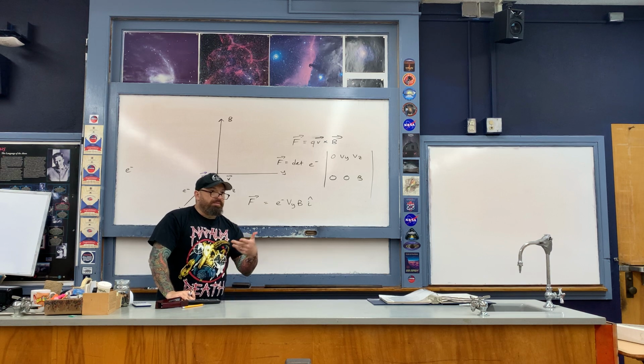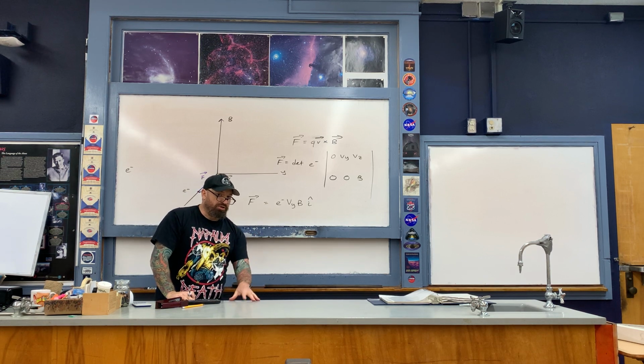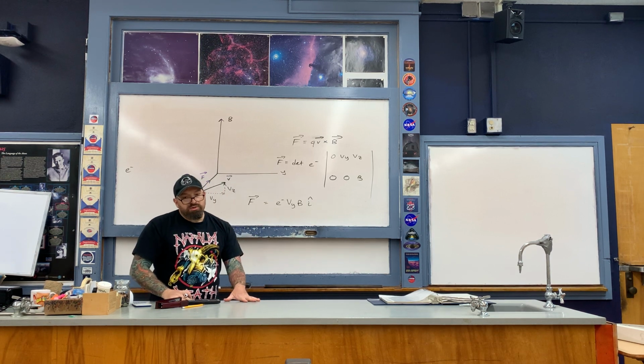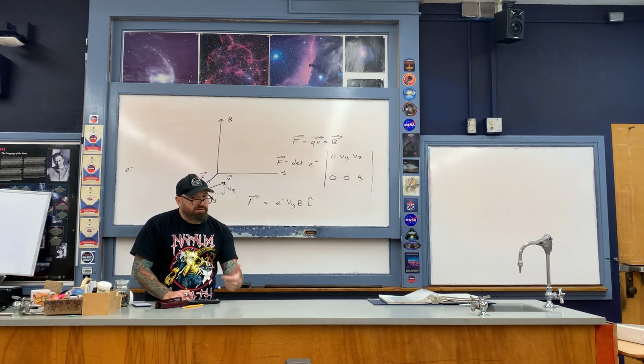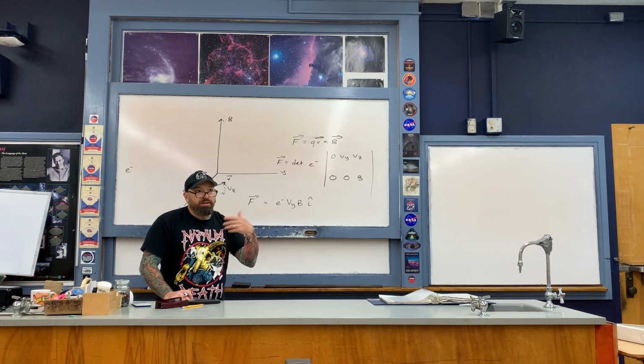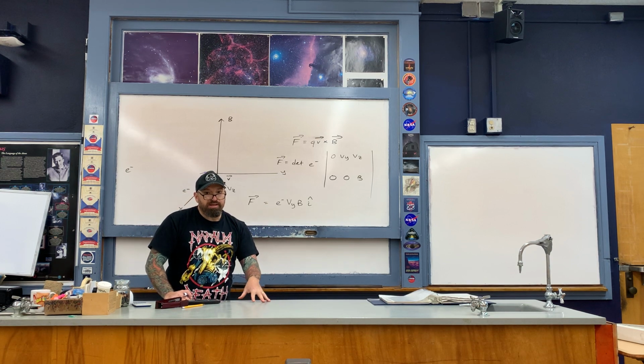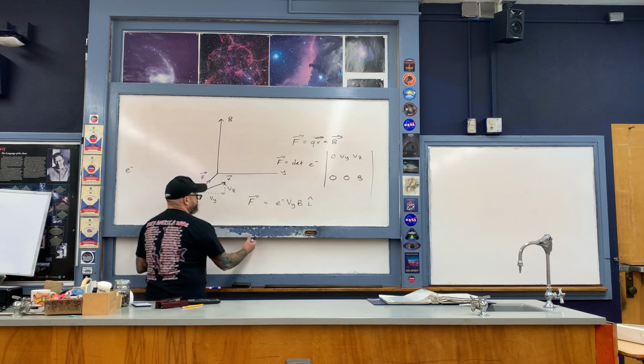Okay, so what happens in terms of the subsequent motion? Well, basically there are two types of motions that occur here, one of which is identical to the previous example, that is the uniform circular motion. The uniform circular motion takes place in the XY plane.